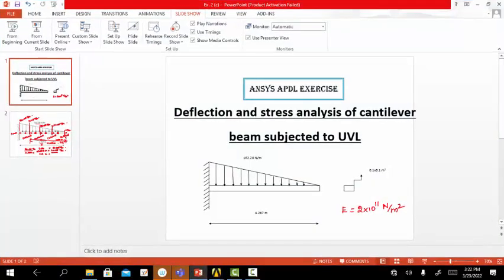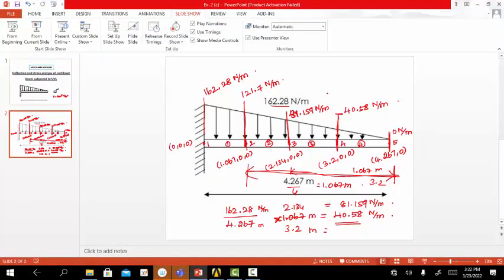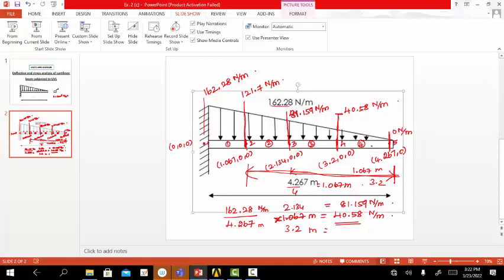So here we can see the values which have been set in the ANSYS APDL page. While we are considering the 4th element, the value of UVL at the ith node is 40.58 Newton per meter, and at the jth node it is 0 Newton per meter. And while we are considering the 3rd element, at the ith node the value is 81.159, and at the jth node 40.58.